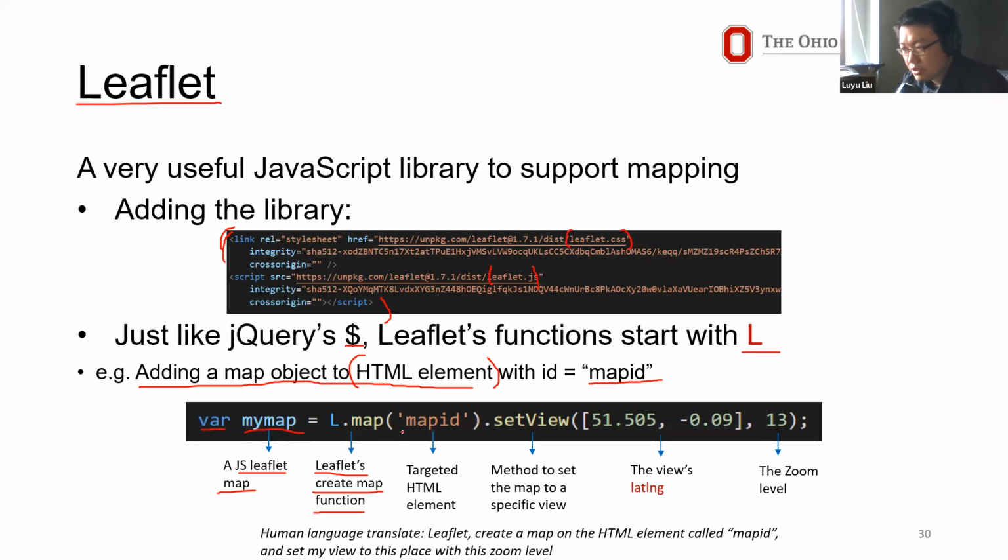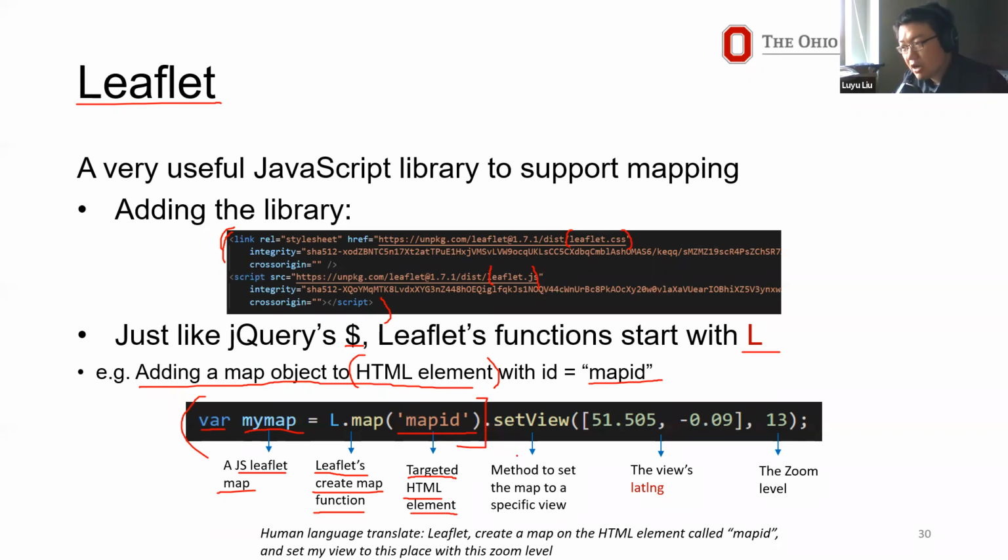This is a parameter you need to add to this code so that it says, okay, this is my target HTML element, whose ID is mapID, right? Up to here, this is actually the end of the creation of the Leaflet map element in the JavaScript environment.